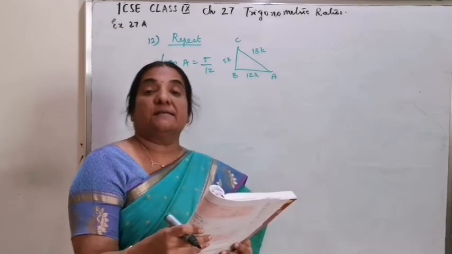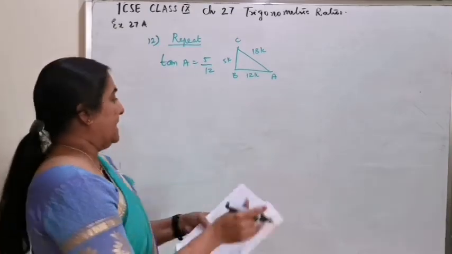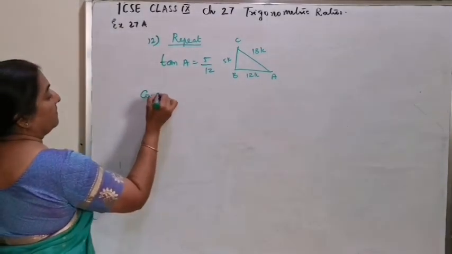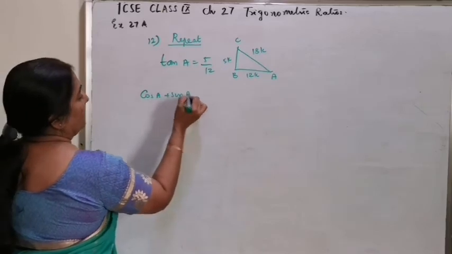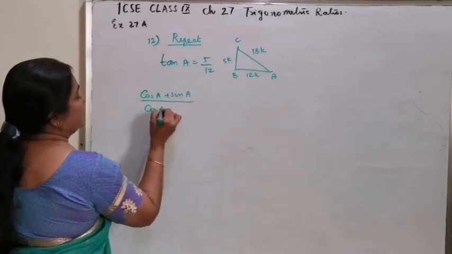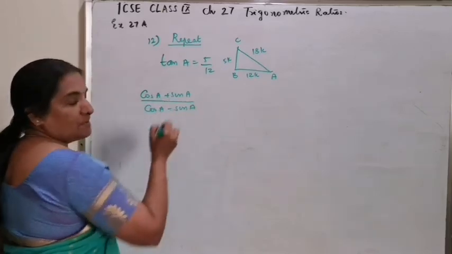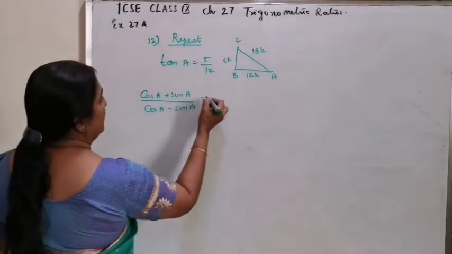We only have to get the last answer, cos A plus sin A by cos A minus sin A. This answer was incomplete. I'll complete it here.